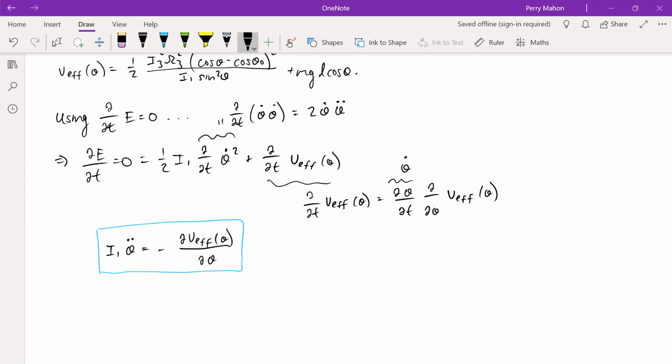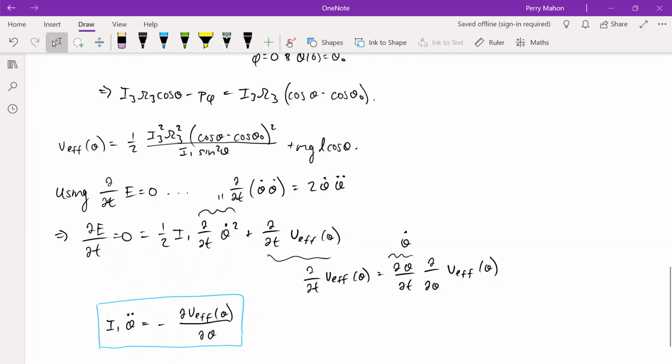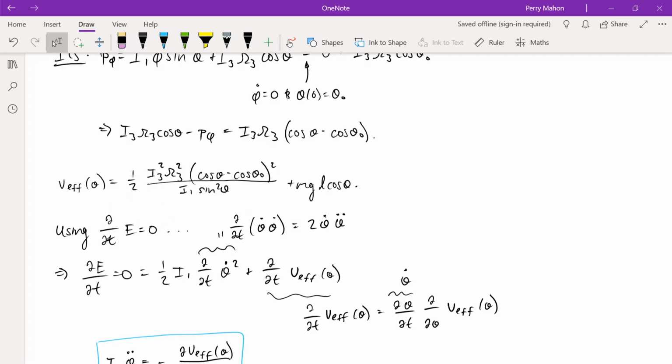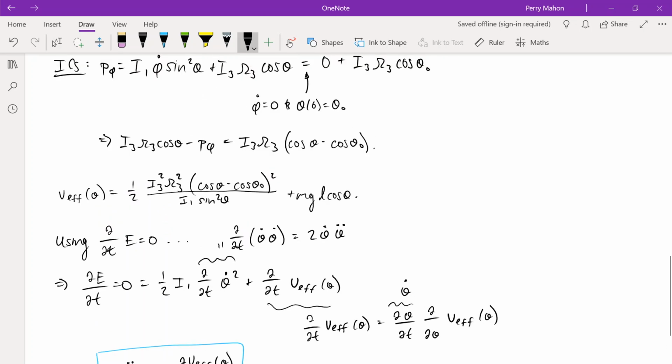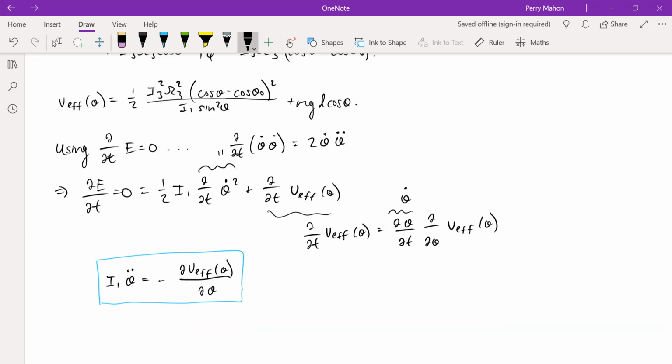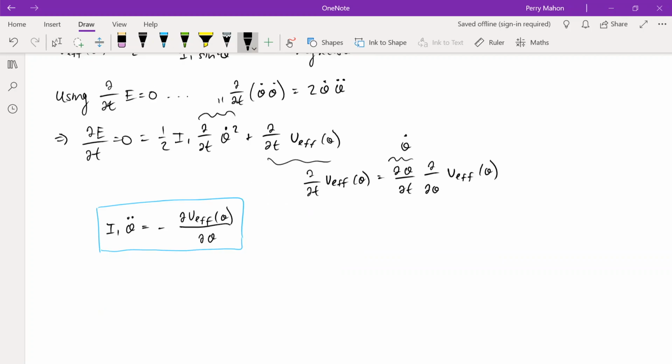Of course, the form of V effective here was adopted for this form of initial conditions, and that will be implemented in what we do below. Generally, the initial conditions don't need to be implemented to get the equation of motion for theta to be of this form, but it's useful in what we do now.